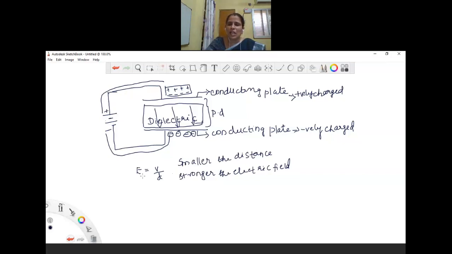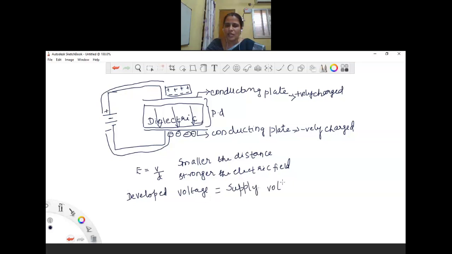Until the developed voltage, which is nothing but the potential difference between these two plates, is equal to the supply voltage.